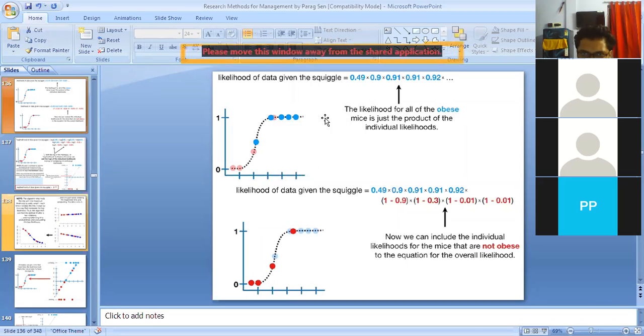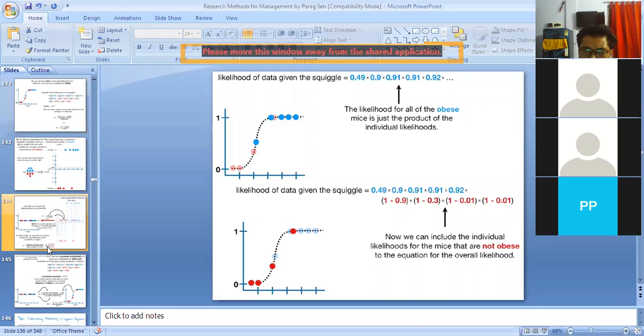For another sigmoid function, you can again find the likelihood for all those data points. Using this method repeatedly, you find which sigmoid function provides the maximum likelihood, and that is the one you use. So this is basically the mechanism.